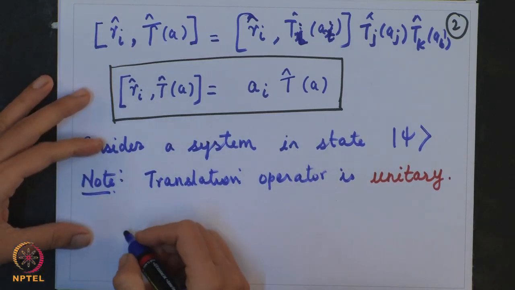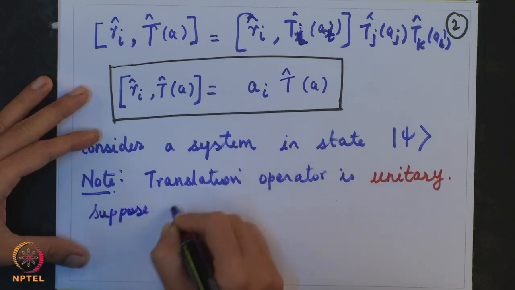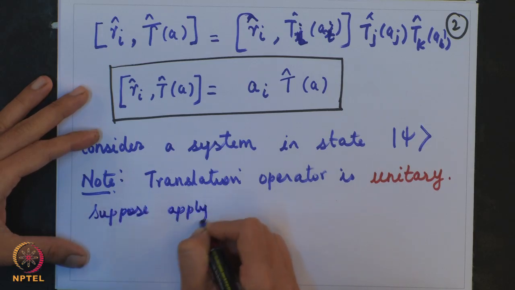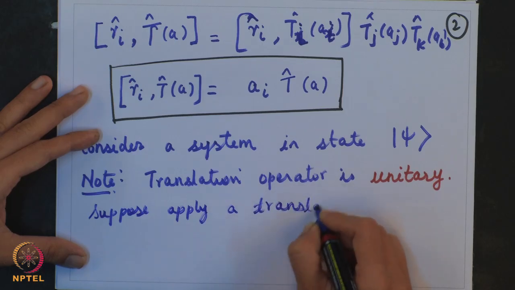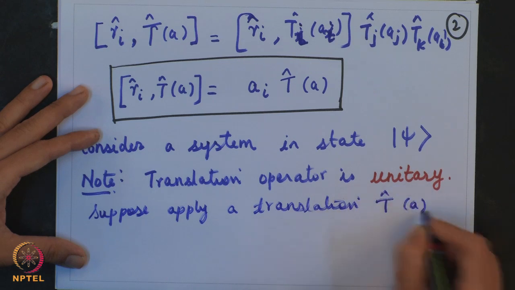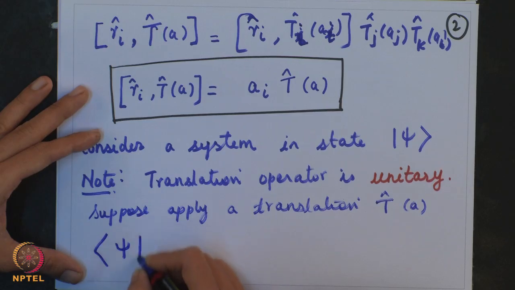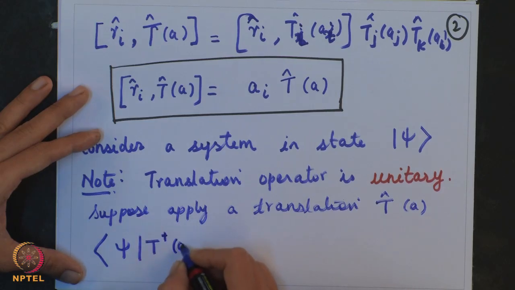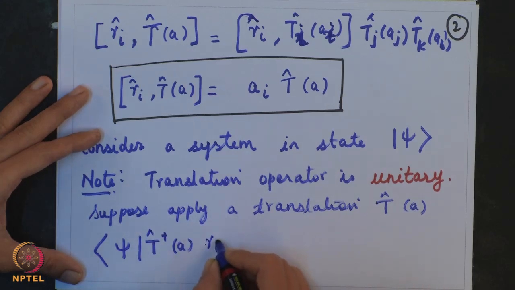Now, suppose we apply a translation operator, that is T(A). What do we obtain? Consider T dagger(A) R_i T(A).